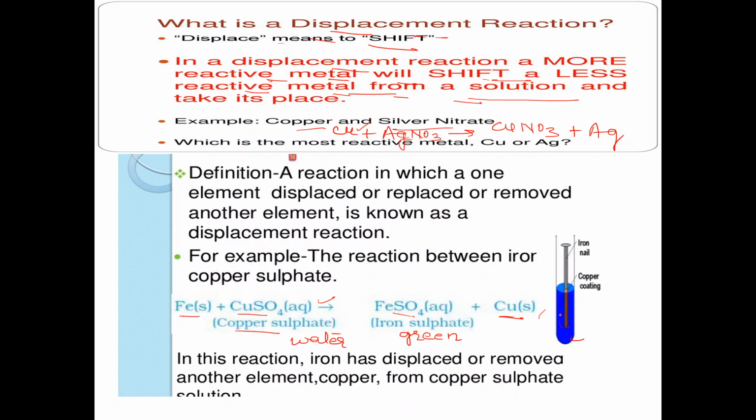When iron is dipped in copper sulfate solution, what changes occur? This copper sulfate will change into iron sulfate, greenish blue color will change into green and brownish copper deposit will take place. From this reaction you can see that iron is displacing copper. It means iron is more reactive than copper.